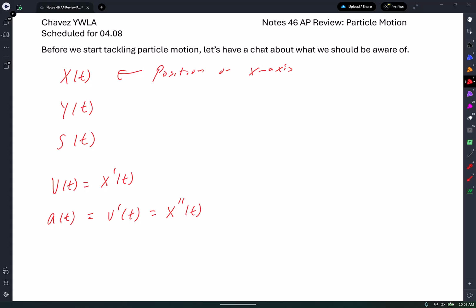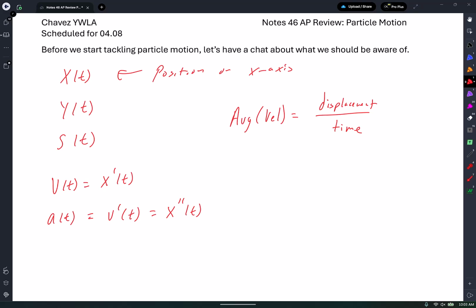What else do we know? From physics, how do I find average velocity? Do you guys remember? Just from physics, no calculus. No, not speed. Speed over time would be like acceleration. Displacement. So write displacement divided by time. That's just from physics.